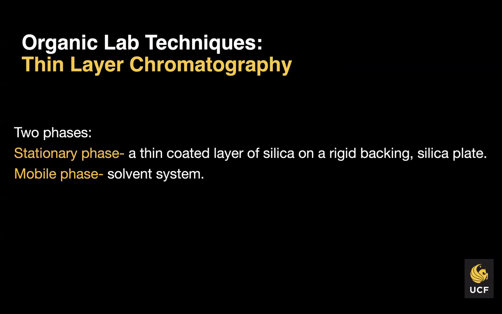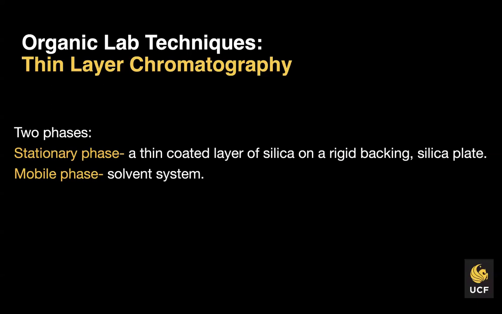But right now we're specifically going to focus on TLC, where the stationary phase is a plate that has a rigid backing, typically either glass, aluminum, or plastic. And what's coated on it, one type is a thin layer of silica coated on that plate. We call that a silica plate.